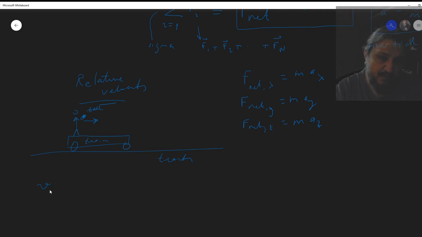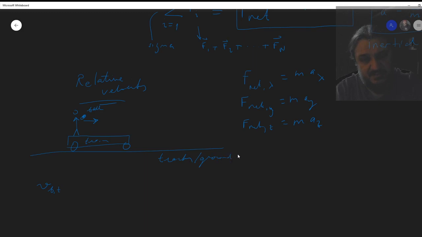B, let it be ball, VB, with respect to the train. The train, well, T. Tracks start with T as well, so let's say ground, same thing.